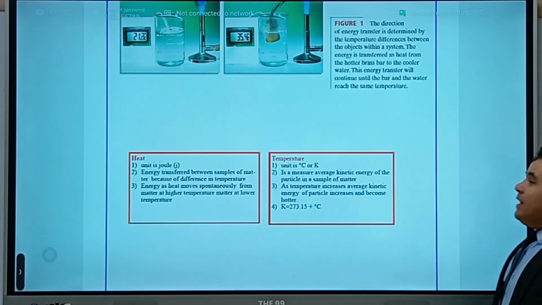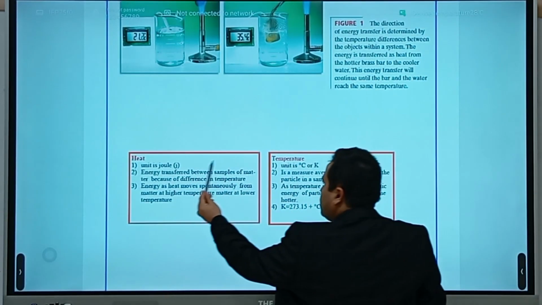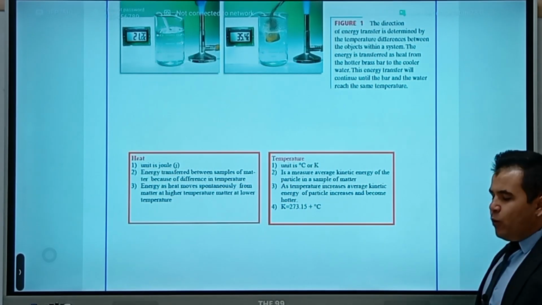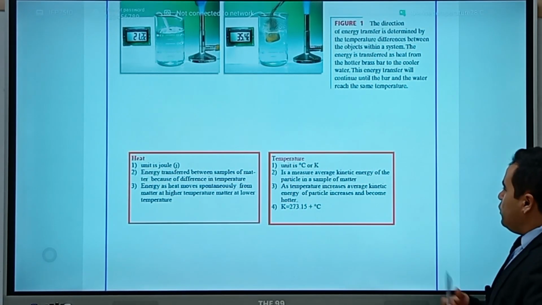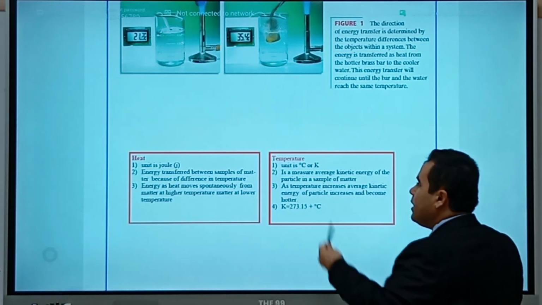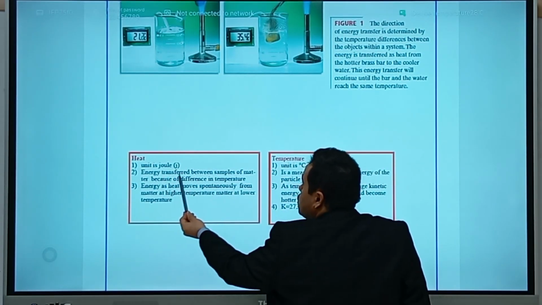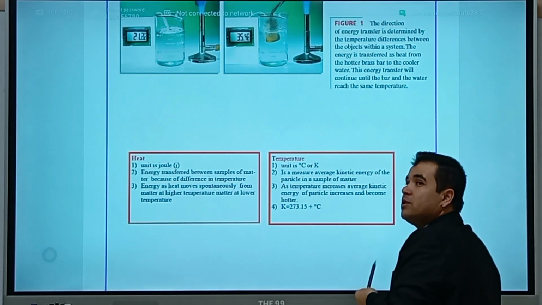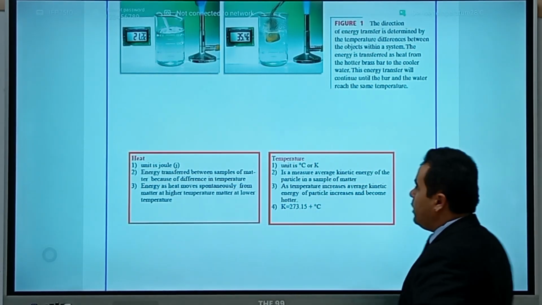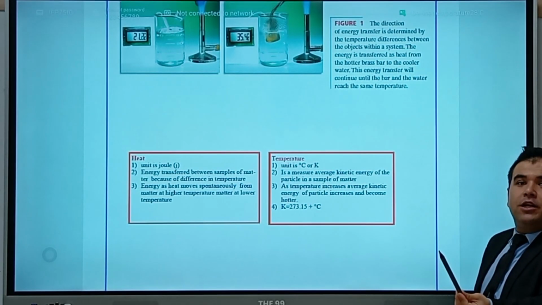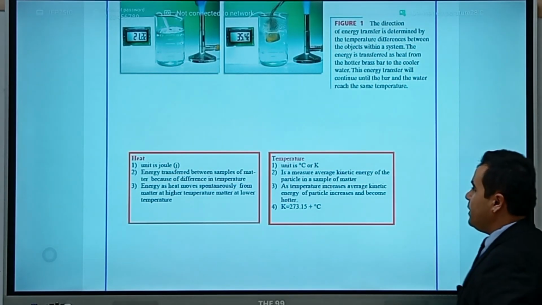The difference between heat and temperature, guys: the unit of heat is joule, but the unit of temperature is Celsius or Kelvin. We have other units, but we do not use them in our curriculum. Heat represents energy transferred between samples of matter due to having different temperatures. But temperature measures the average kinetic energy of particles in the sample.